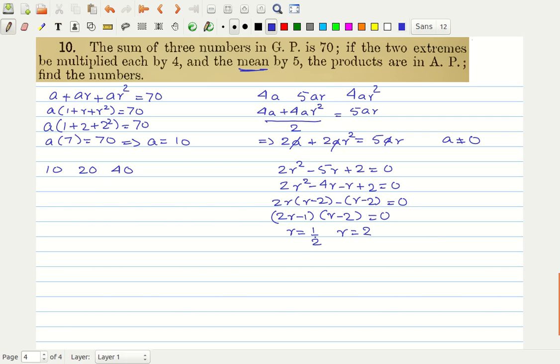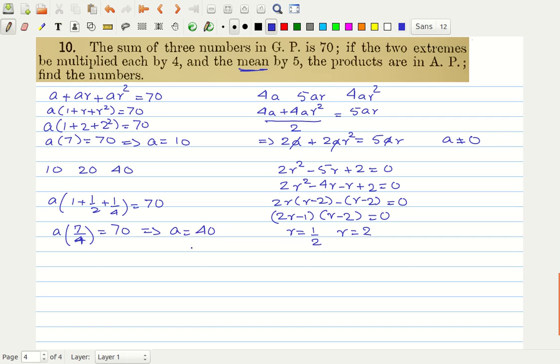What happens if we take R is equal to half? Again, you will get the same terms in GP. The only thing is that you will get 40 first. So let us just try. A times (1 plus 1 by 2 plus 1 by 4) is equal to 70, and therefore this is 3 by 4, 1 plus 3 by 4 becomes 7 by 4, A times 7 by 4 is equal to 70, and therefore A is equal to 40.